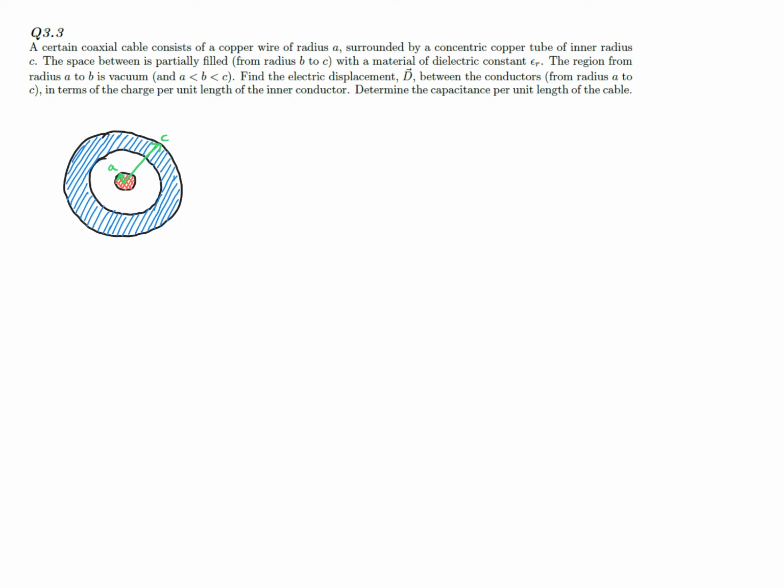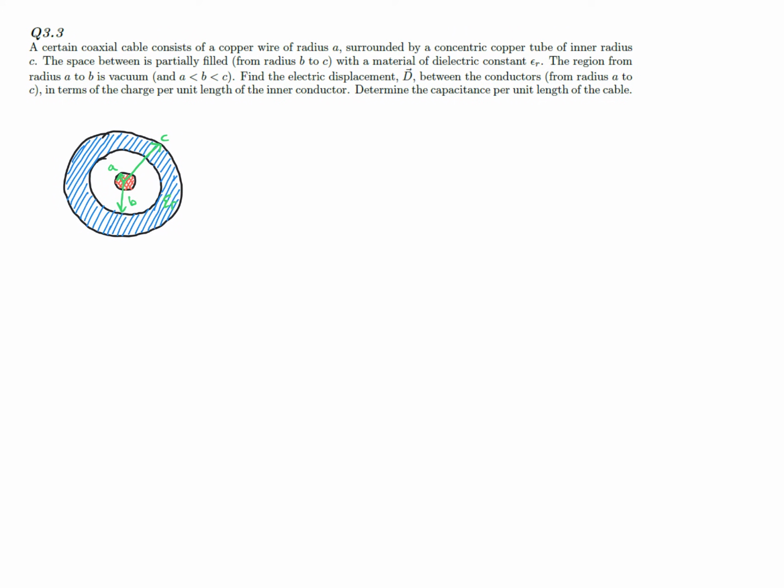The space in between these two copper structures is partially filled from B to C with a material of dielectric constant epsilon r. So this inner radius here is B, dielectric constant epsilon r. So what we've got to do is find the electric displacement D between the two conductors.